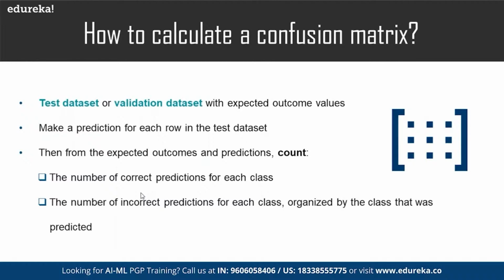So we have multi-class classification, single-class label, and multi-label classification. There are different kinds of things we get to meet, but at this point this is out of scope for us. So the number of incorrect predictions for each classification is organized by the class that was predicted.